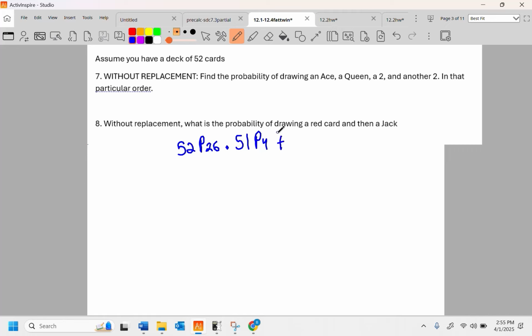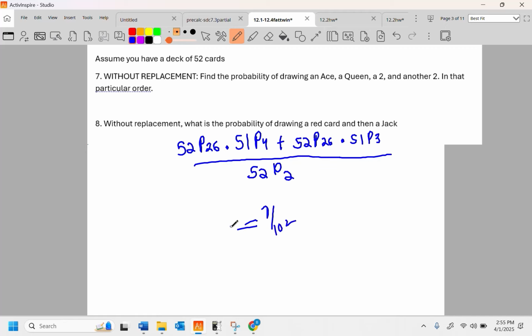And the or situation, which is 52 pick 26, and then a jack. Well, maybe your jack was a red card, so now it has changed to 51 pick 3. And that would be divided by the total number of ways I can pick two cards, which is 52 pick two. And it's kind of a bear to punch that in a calculator, but it ends up being the same thing. It's 7 over 102. It ends up being the same thing.